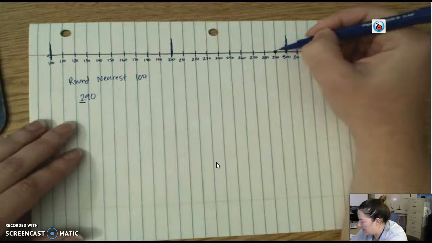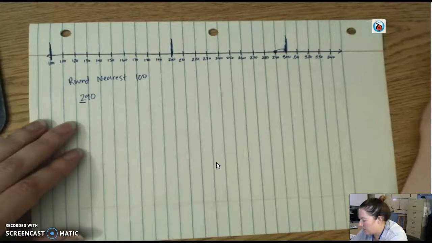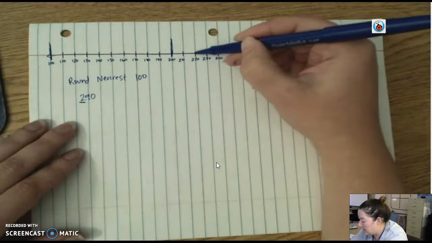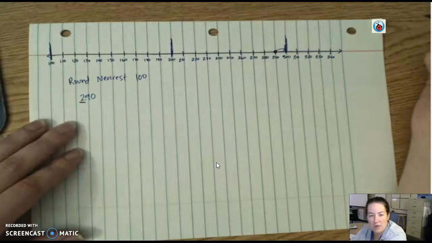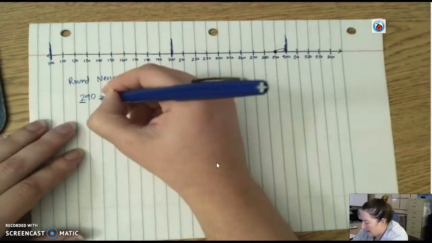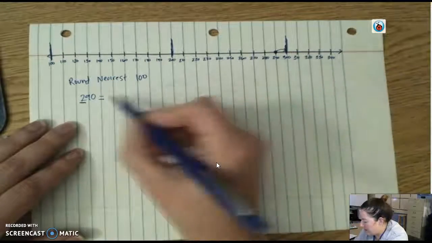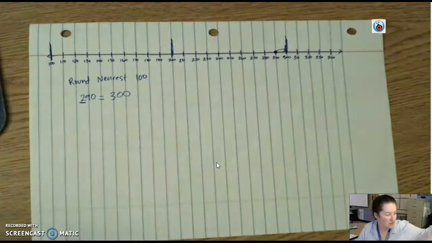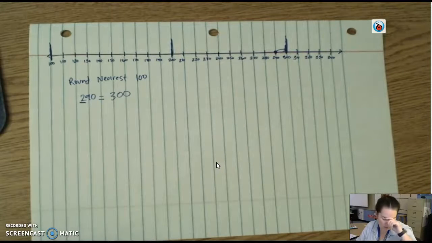Well, it's only 10 away from 300, and it's 10, 20, 30, 40, 50, 60, 70, 80, 90 away from 200. So 290, rounded to the nearest 100, the closest one is 300. It's pretty close. It's only 10 away from that one.